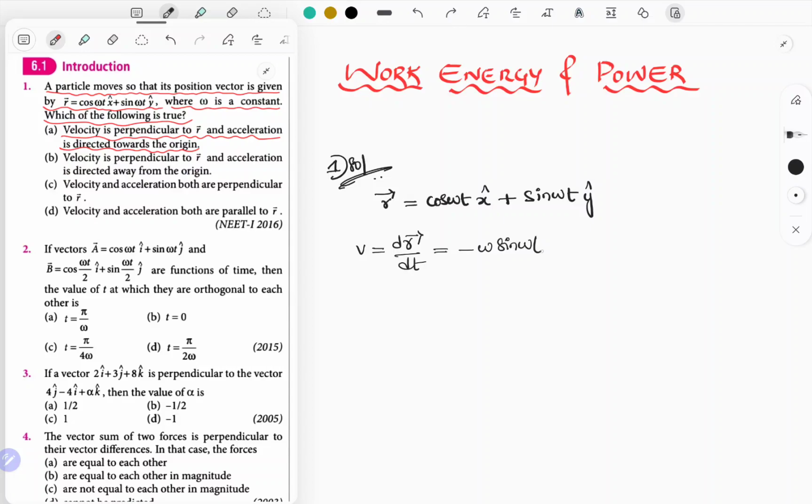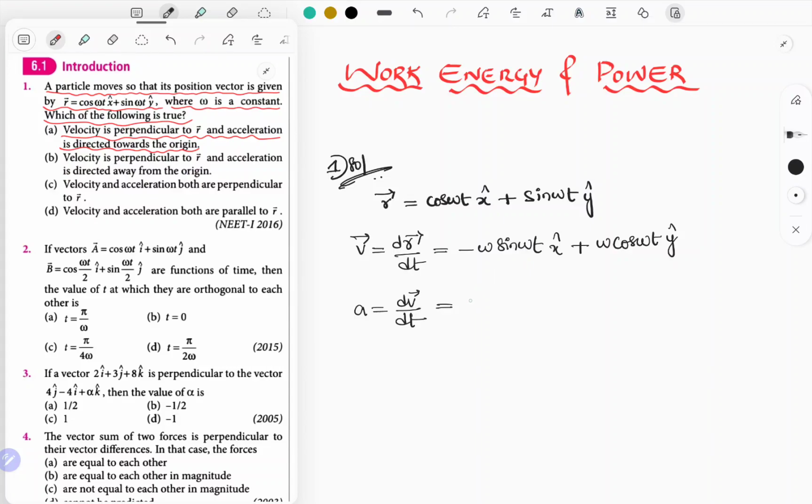Minus omega sin omega t x cap plus, sin omega t differentiation is omega cos omega t y cap. This is the velocity. So let's talk about acceleration first. Acceleration is equal to dv by dt. I just have to differentiate velocity with respect to time, then I'll get acceleration.